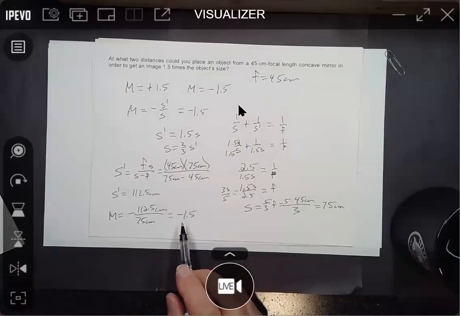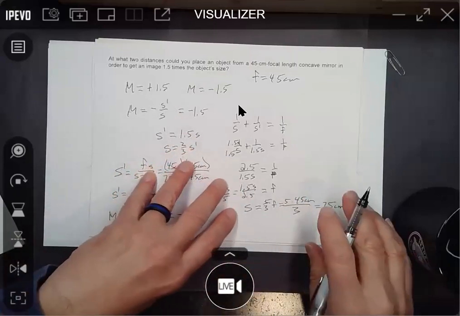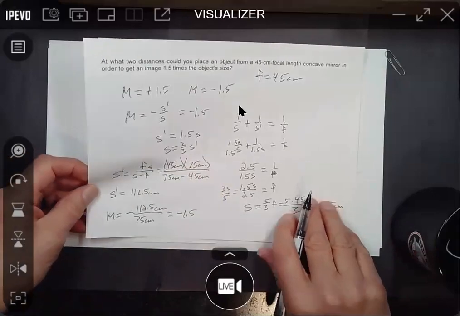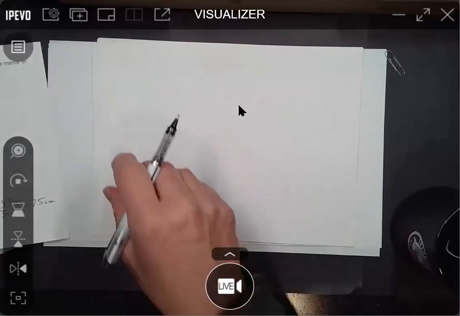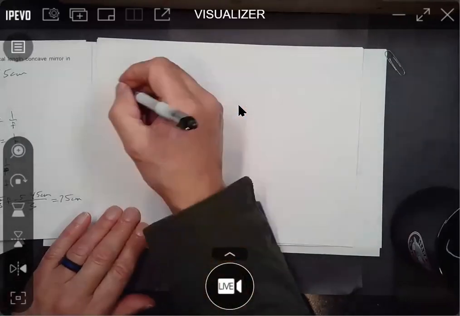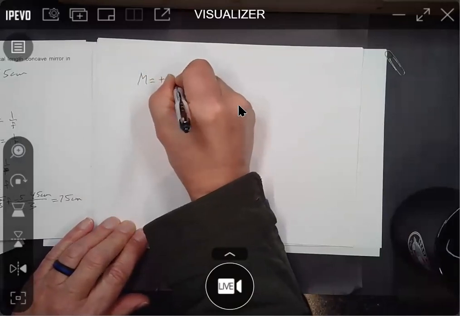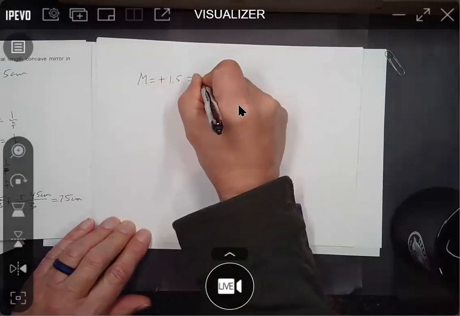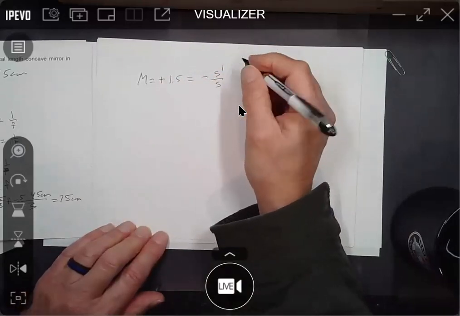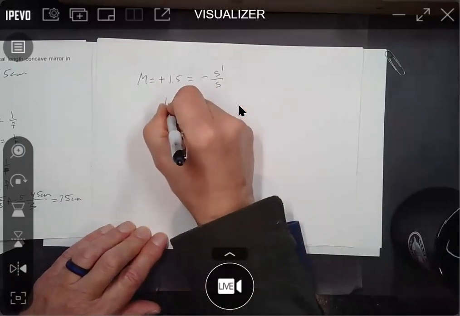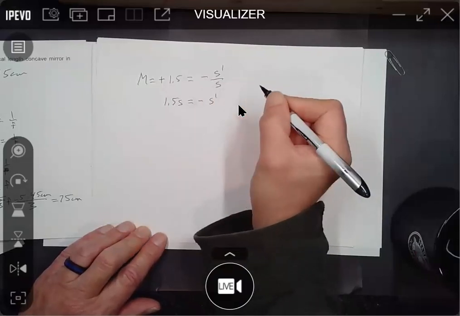Okay, well, what if we have a positive magnification? If I have M equals plus 1.5 equals minus s prime over s, that means that 1.5 times s will equal minus s prime.